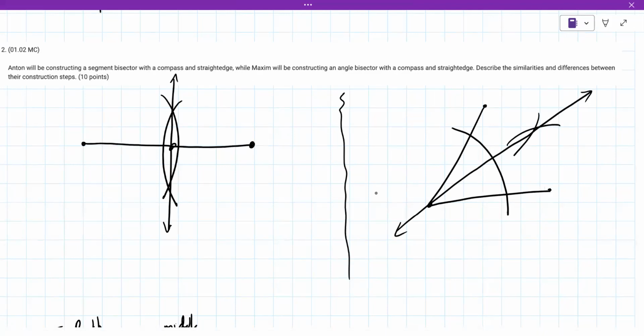You could say that's a line for sure, and this over here you could just call a ray. When bisecting a segment, you would draw a line.